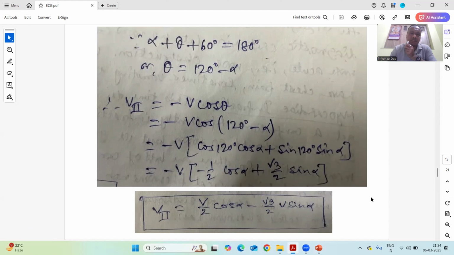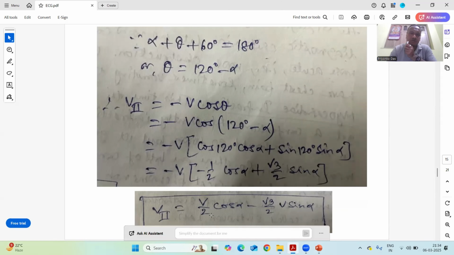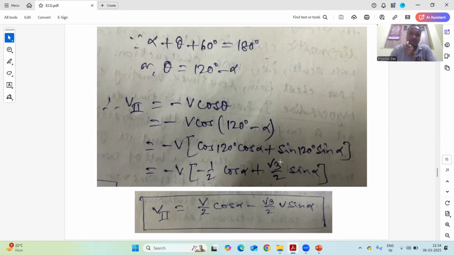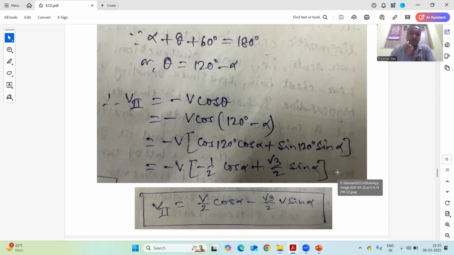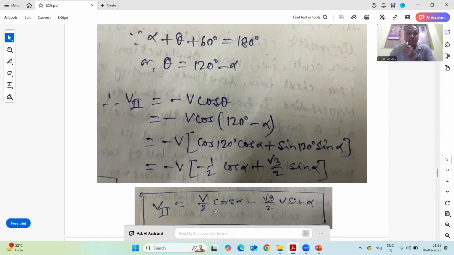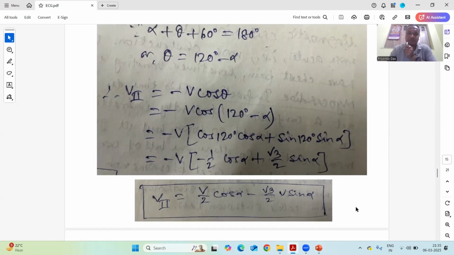Okay, such that I get the value of V2 is equal to V by 2 cos alpha minus root 3 by 2 V sine alpha. I am multiplying V with each of the components. So I got the value of V2 finally as V by 2 cos alpha minus root 3 by 2 V sine alpha. That's all right.